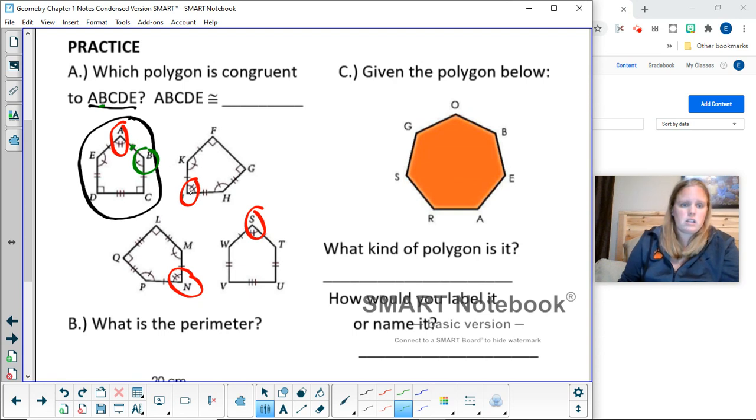So if I was starting here, I want to go across this single hash mark to the next single hash mark in the corner. This one has single hash marks on either side, but none of the angles are marked, so that's no good. And this one has a single hash mark on both sides, and both of them have single hash marks on the sides. So I could go either direction in this case.